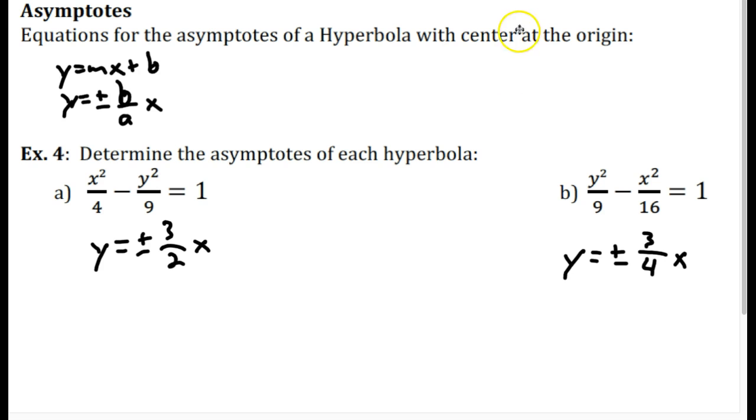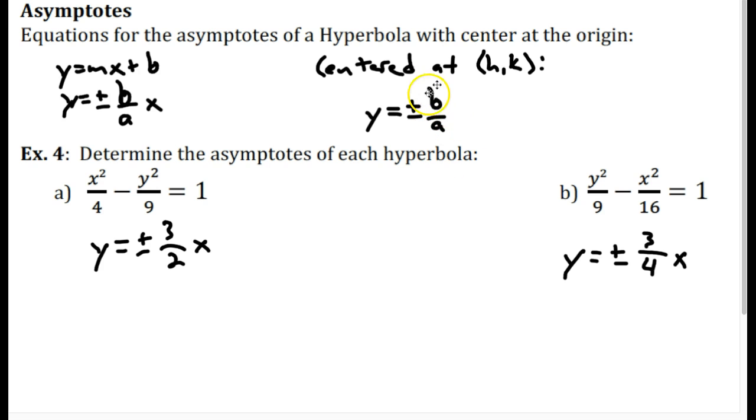Okay, now if we have our equation centered at another point, these will still be the slopes, but we would have to do a little bit more work to find the actual equations of the asymptotes. Now, if we do have it centered at h, k, the equations of the asymptotes will be y equals plus or minus b over a still.